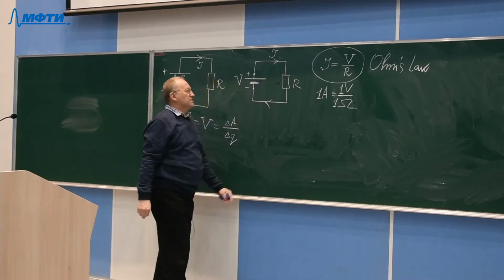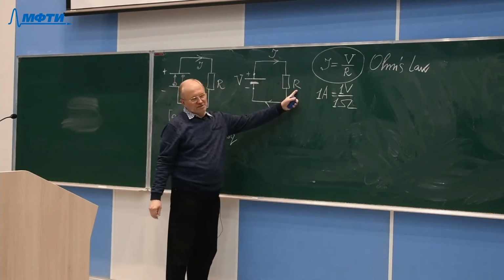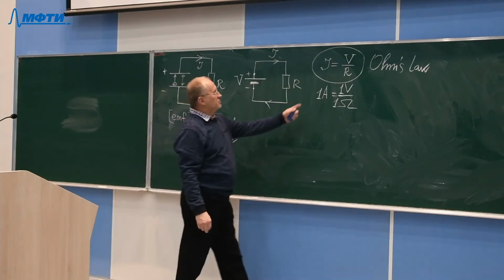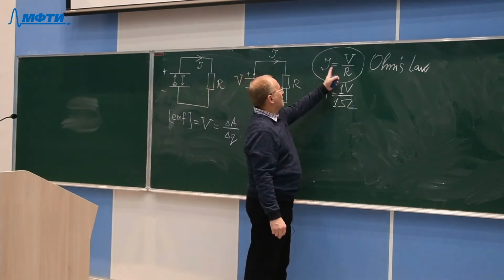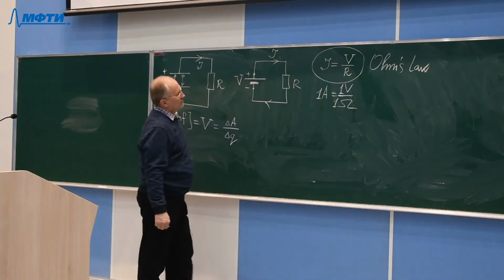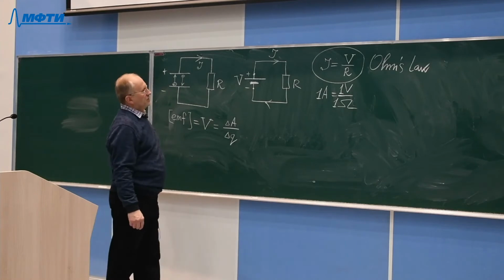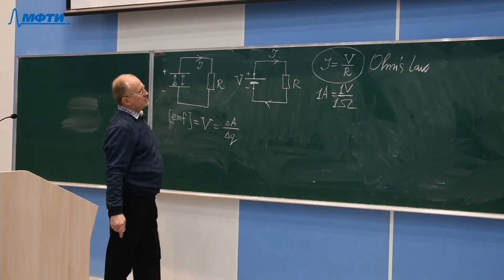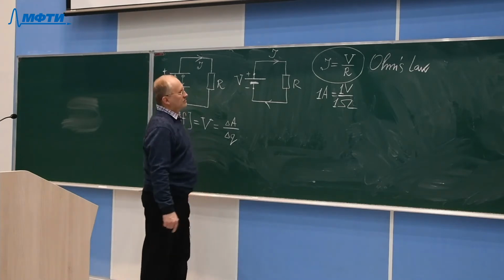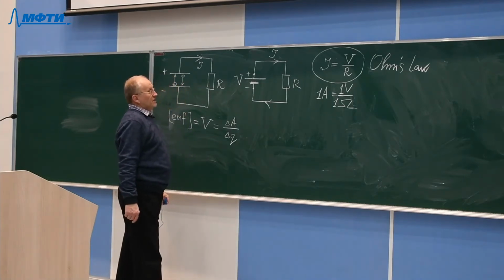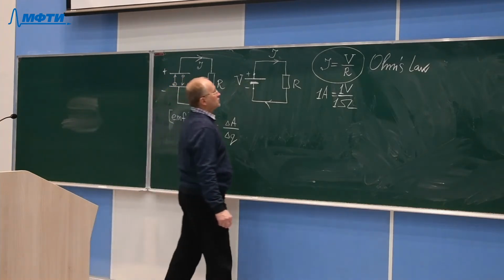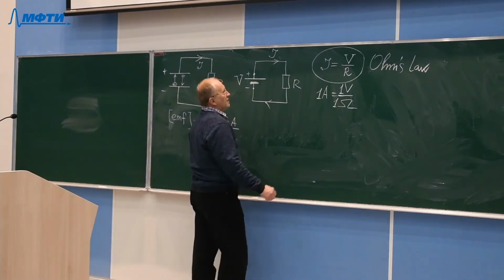In many situations, the resistance is constant, and the relationship between the electric current and electric voltage is simple. The current is directly proportional to the voltage. But in many cases, this relationship is not so straightforward.